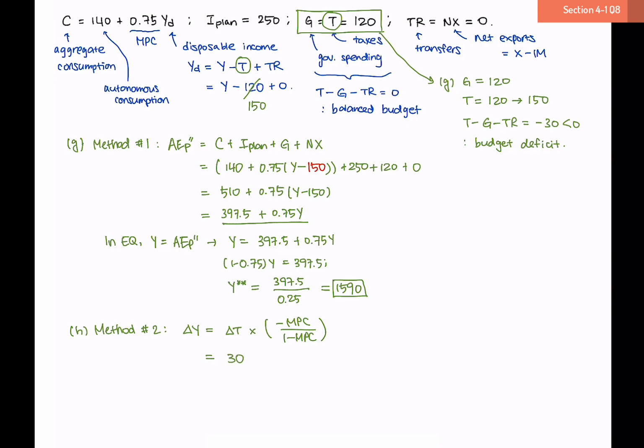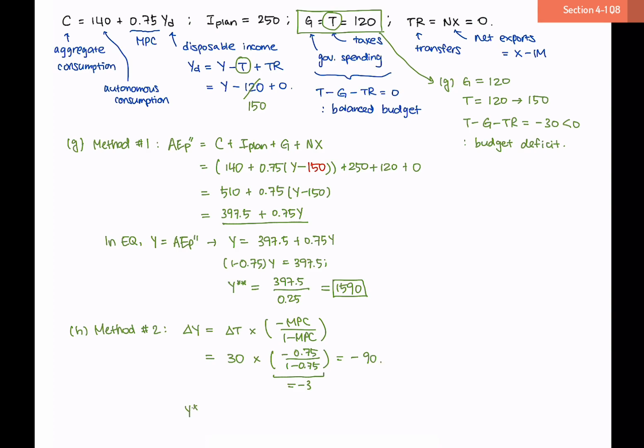We know that the change in taxes is 30 because we saw a rise in taxes by 30. We know that our tax multiplier is negative 3, which gives us the total change in output as negative 90. So we see a fall in output by 90.